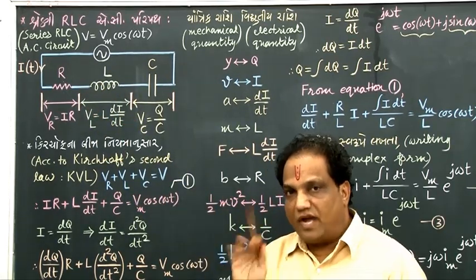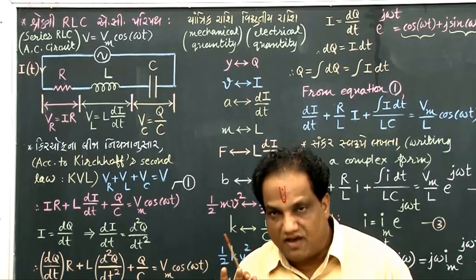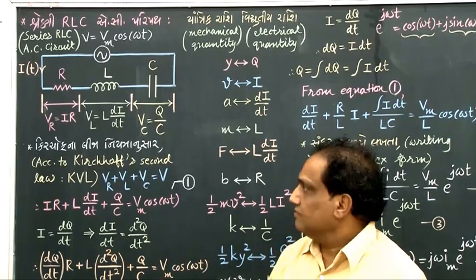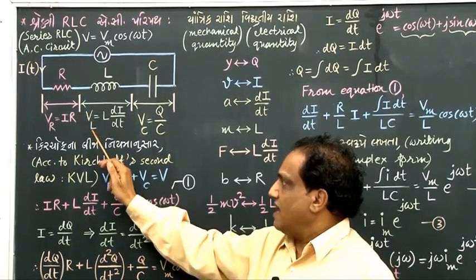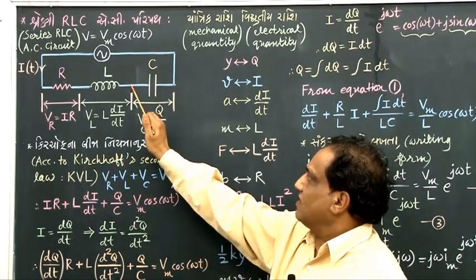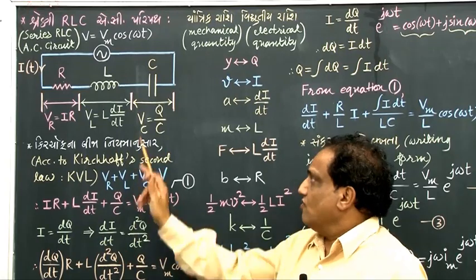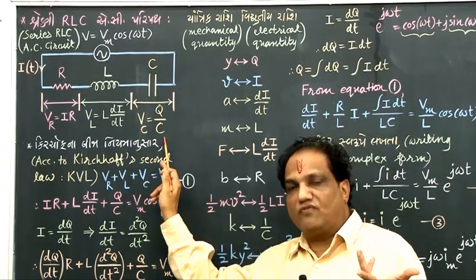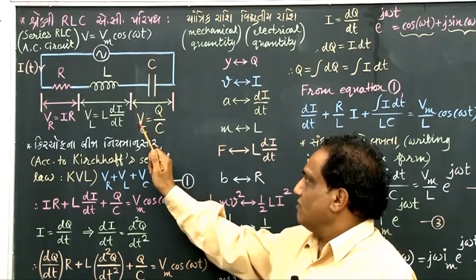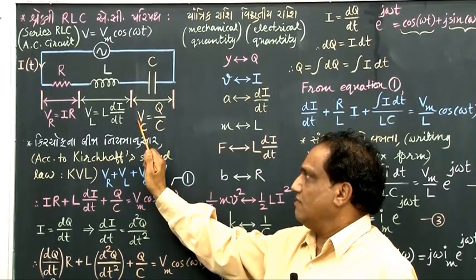It is nothing but magnitude of self-induced EMF, which is L into di by dt, and that potential difference I am showing by symbol VL. L you should write well below V. Similarly, potential difference between plates of a capacitor: you know formula of capacitance, C equals Q by V, then V equals Q upon C. Instead of V, I am putting the symbol VC. C you must write well below V.